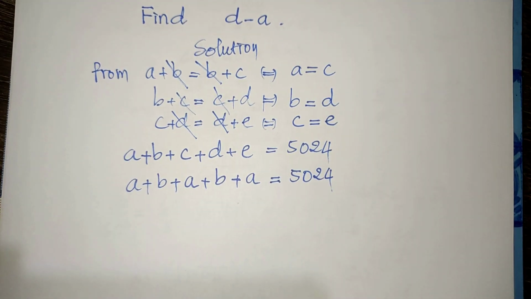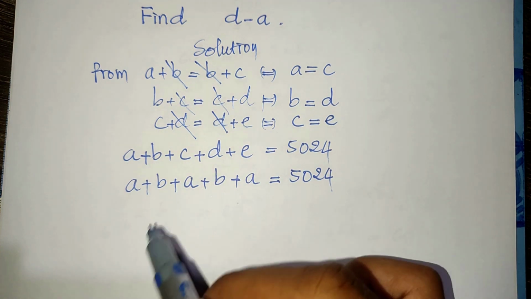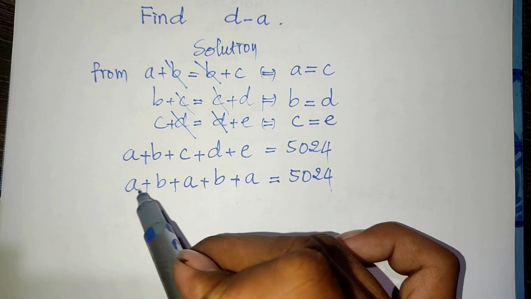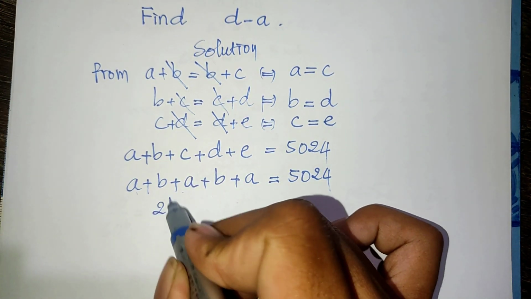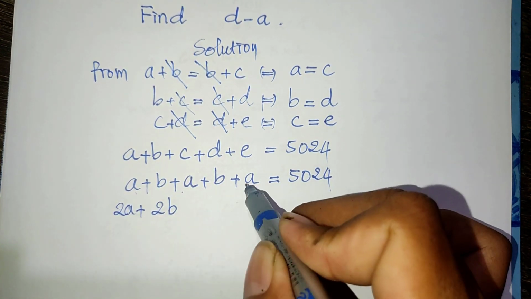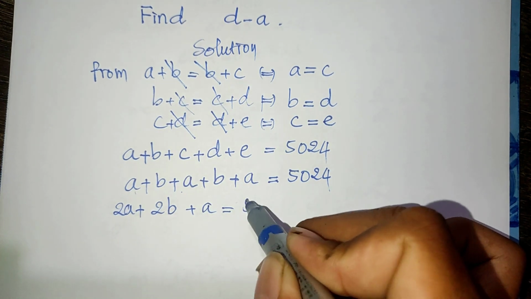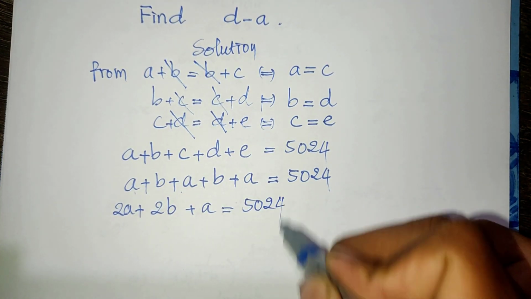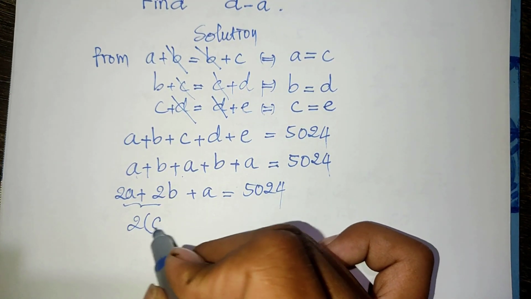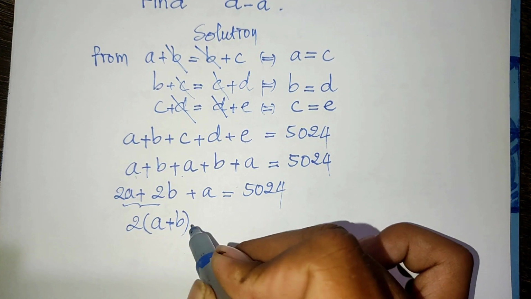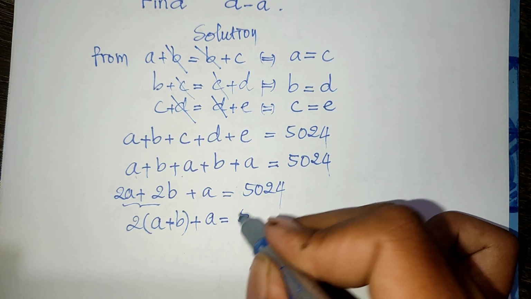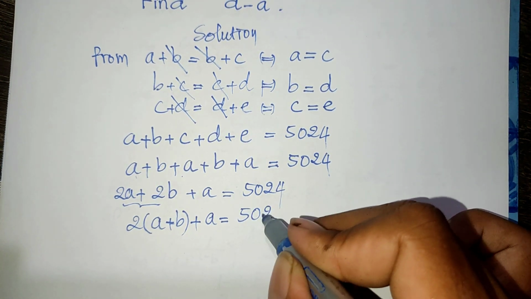So now we see it's A and B. We get two A's and two B's, and plus A, equals 5024. Then I take 2 out as a factor, and we get 2 times A plus B, plus A, equals 5024.